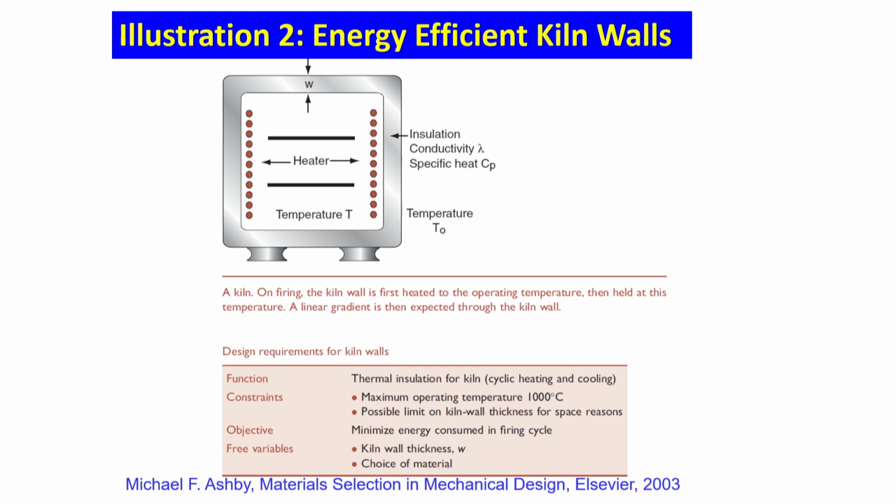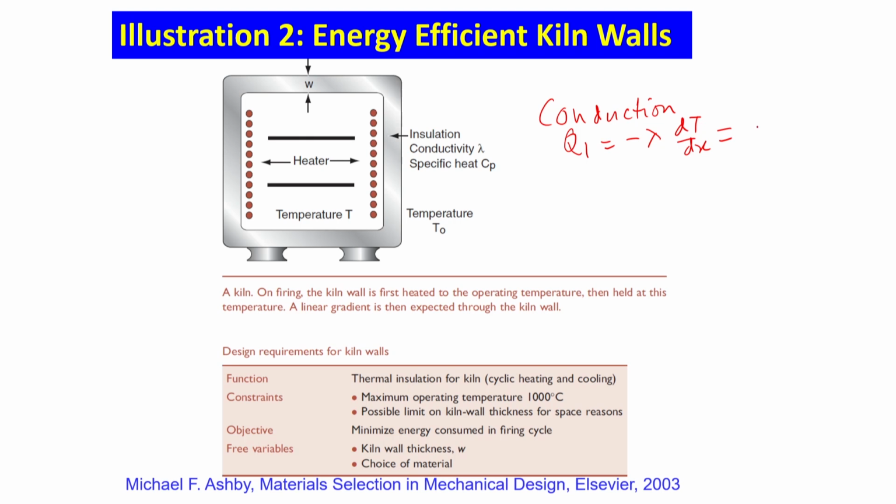One, the heat loss to the walls of the kiln. Heat loss can happen because of thermal conduction, which is governed by Fourier's law. So we can write the conductive heat as lambda del T by del x in the one dimensional case, where lambda is the thermal conductivity.